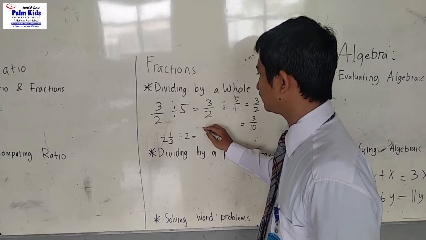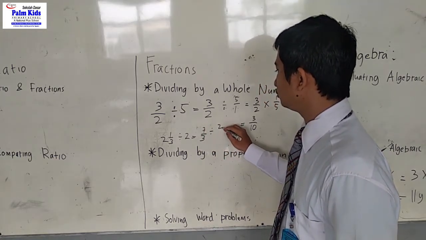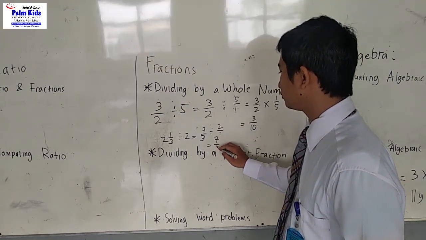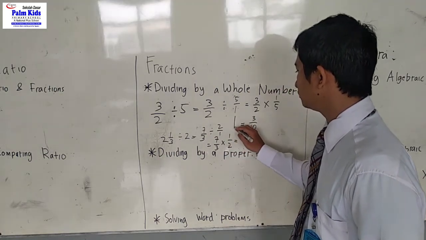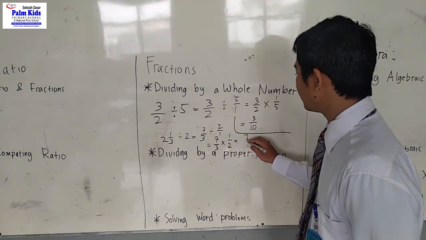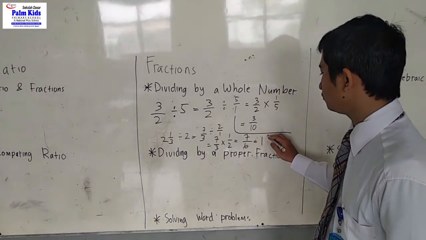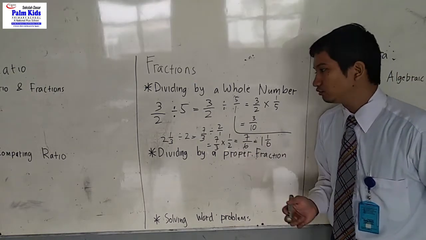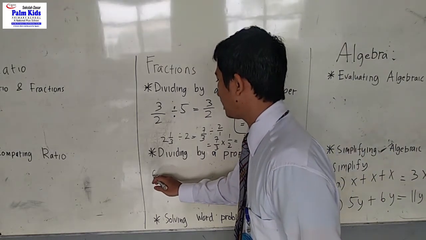It is 7/3 divided by 2/1 equals to 7/3 multiplied by 1/2 equals to 7/6. Or you can write it as 1 1/6. Yeah. Next, we go to dividing by proper fraction.